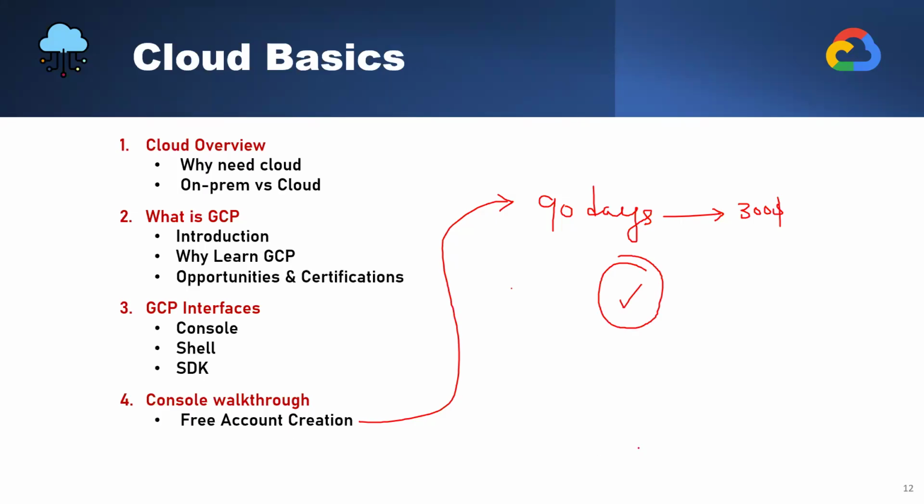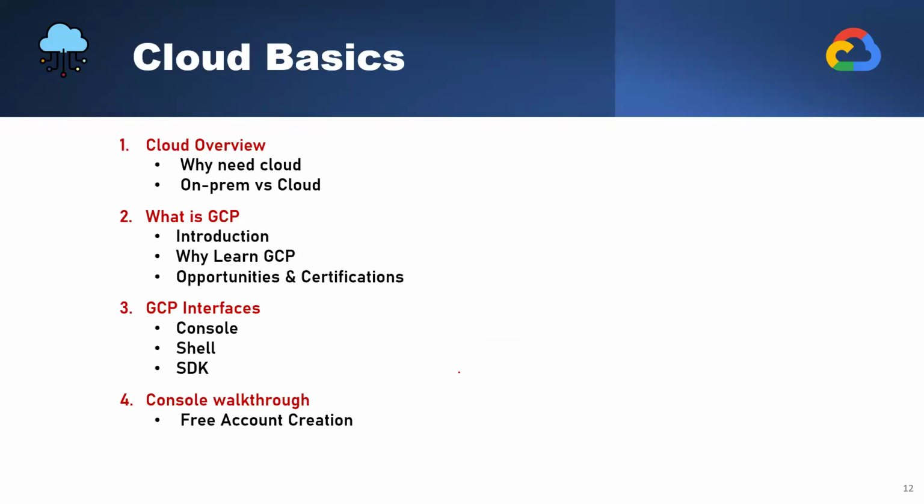We are going to do all the practice lab sessions, hands-on, end-to-end pipeline creation in the Google Cloud Platform only with a free tier account that has a validity of 90 days and is worth $300 that GCP is offering, which is a huge amount of money, I would say. And I'm going to tell you about the project setup and enabling APIs, all the details we are going to talk about in the console walkthrough.